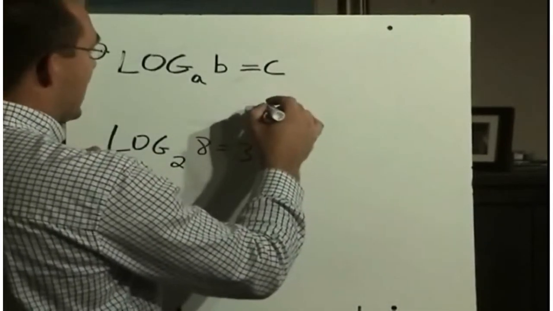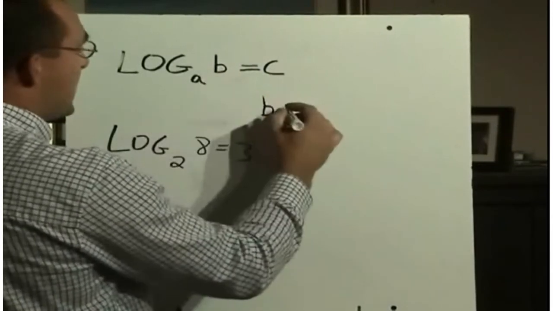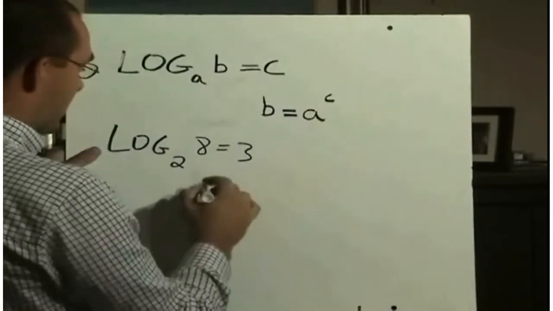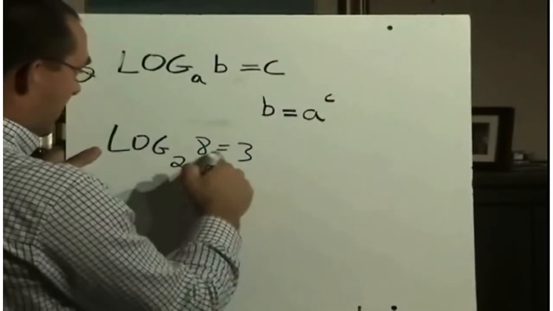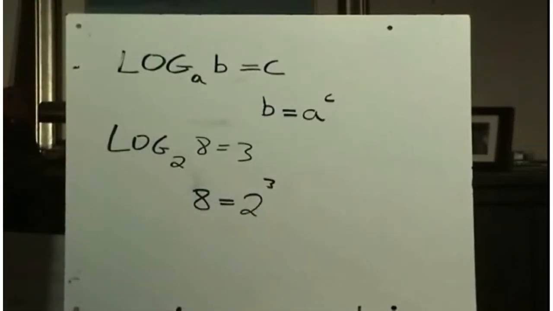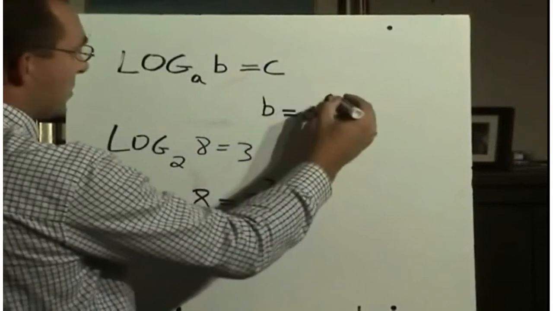This means b will always equal a to the power c, or in other words, 8 is equal to 2 cubed. So this is how we can take a logarithm and write it as an exponent.